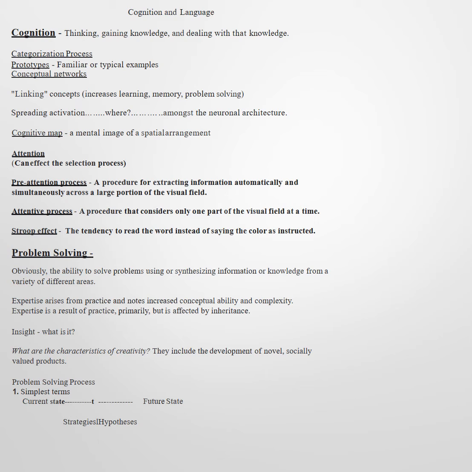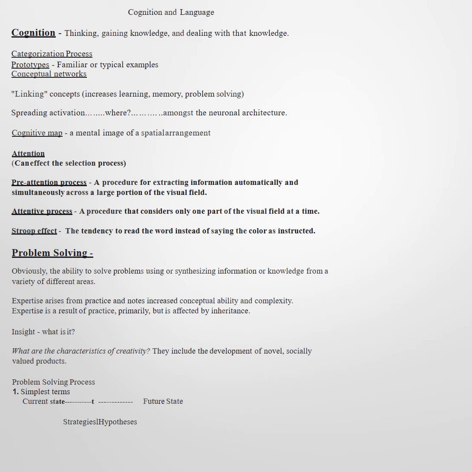Problem solving, of course, is the ability to solve problems using or synthesizing information or knowledge from a variety of different areas. So expertise arises from practice and notes increased conceptual ability and complexity, specifically within a particular field.